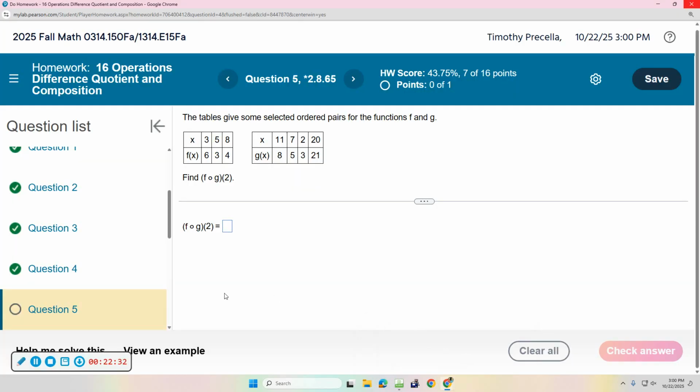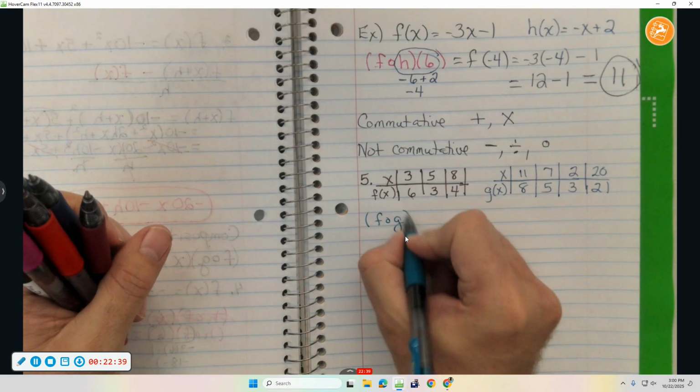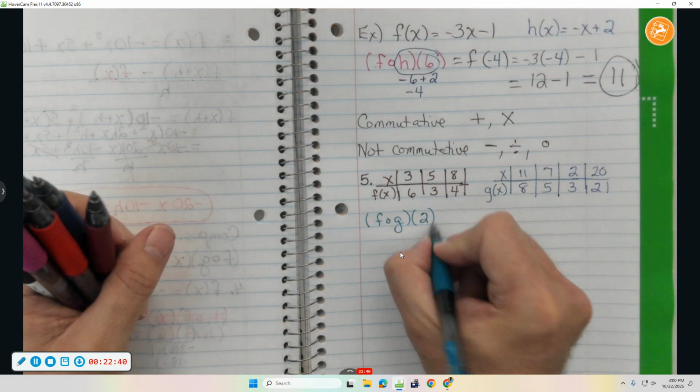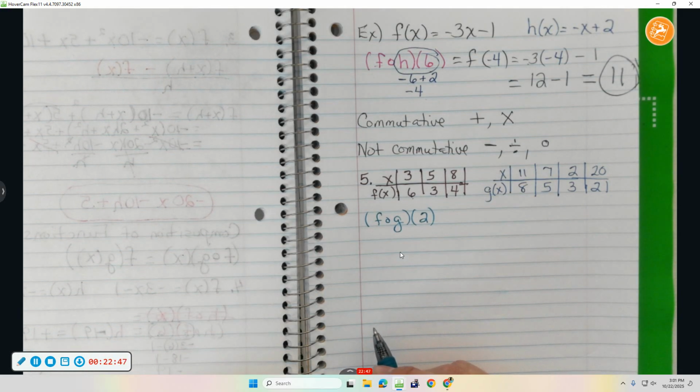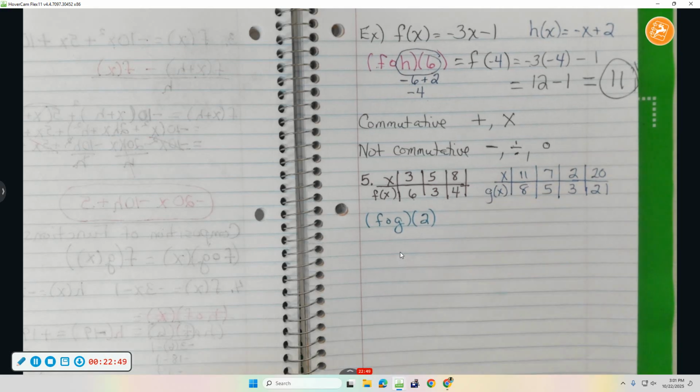Most of the time it's f o g and g o f that they write. And of course, for the very first one, just to confuse you, they had to use an h. So it was f o h and h o f. How would you pronounce f-o-h? I don't know.